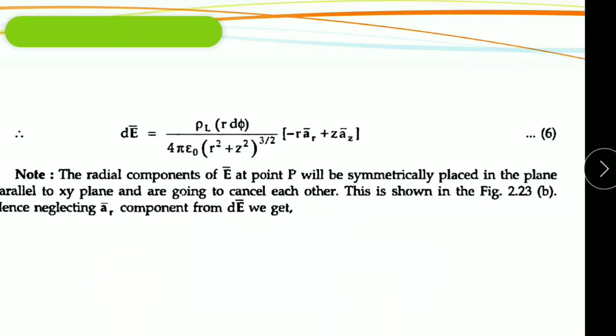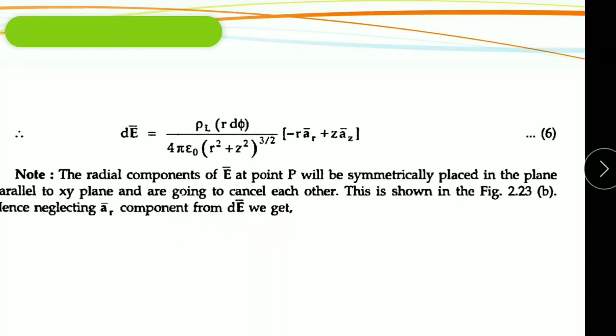So in this formula we have to remove the radial components, that means we have to neglect them. Why? Because the radial components of electric field at the point will be symmetrically placed in the plane parallel to the xy plane, and they cancel each other. Hence the components along r, that is the radial components aR bar, are simply neglected.